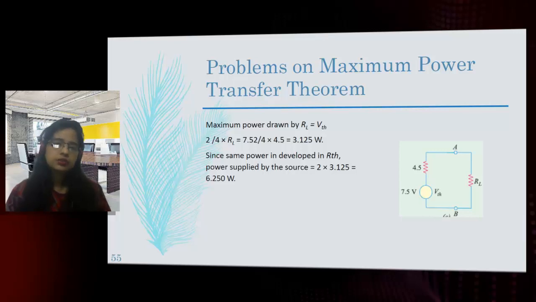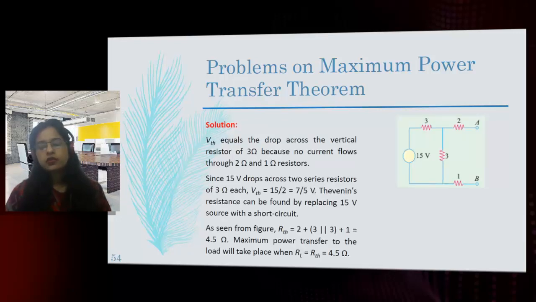What is the formula for power? It is V square by R. Again, V is what? In the maximum power transfer theorem, V will be equal to VTH.